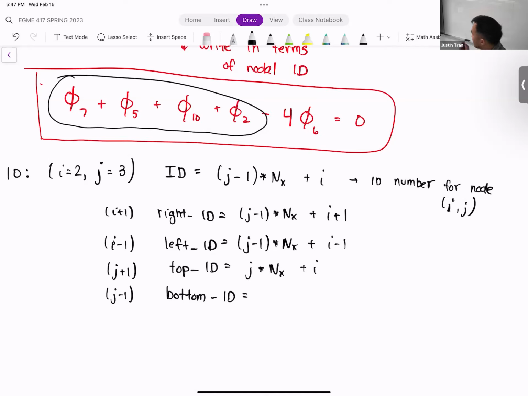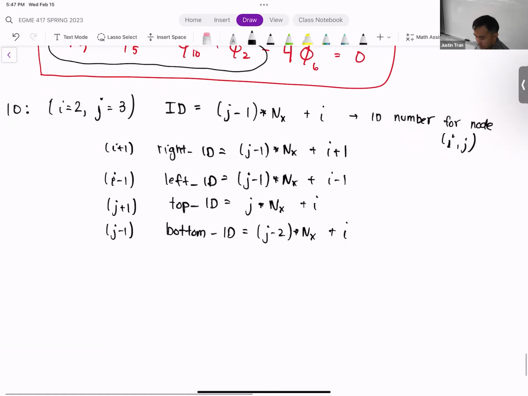So we're going to take j and replace it with j minus 1, and so we have j minus 1 minus 1. That's going to be j minus 2 multiplied by nx plus I.